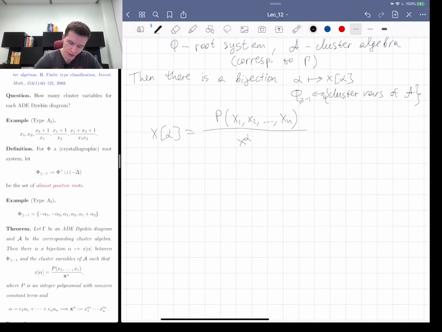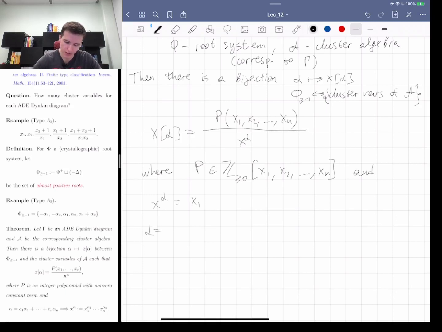And the condition on p is that it's a polynomial with positive integer coefficients in the initial cluster, and the denominator is just x to the alpha.